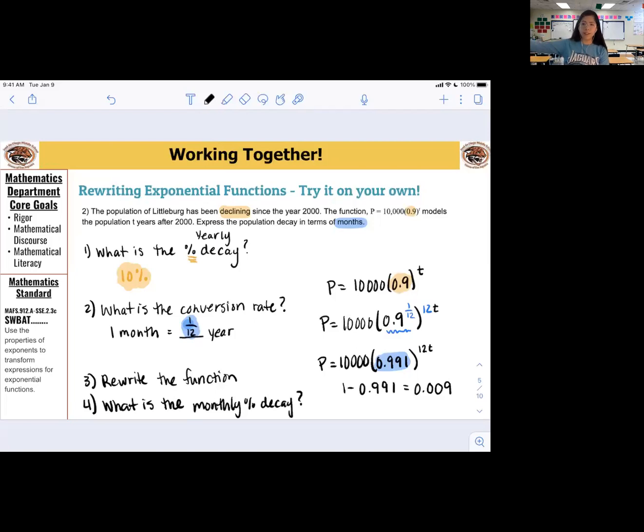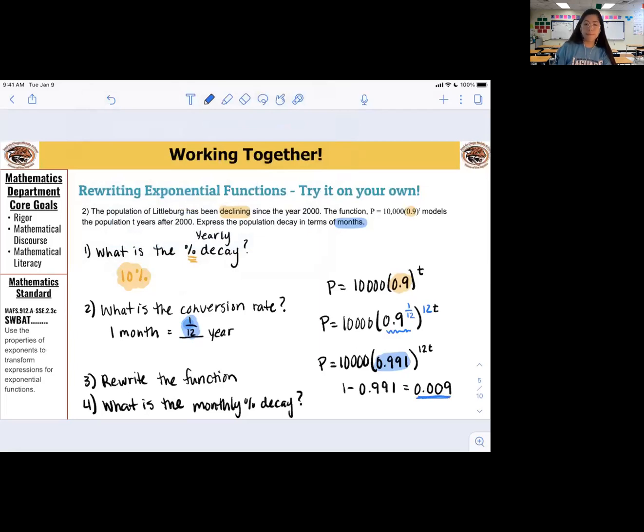Now, you don't want to go crazy and put 10 decimal places, but 3, sometimes even 4 decimal places, is just going to be a more accurate answer. So that's the only reason I put 0.991.